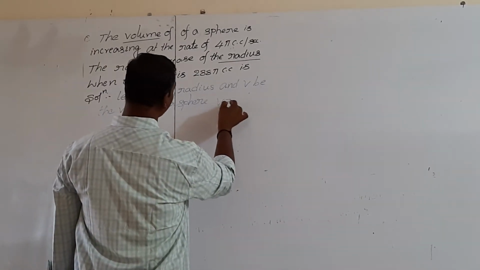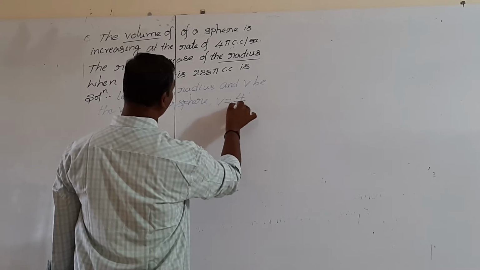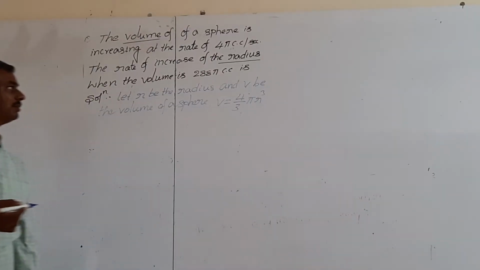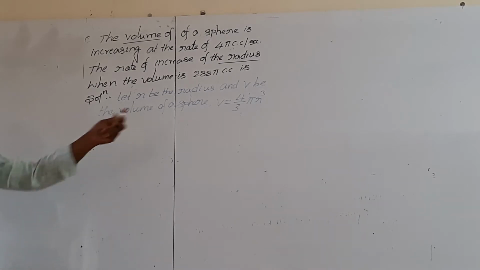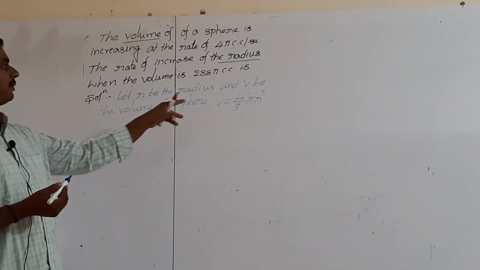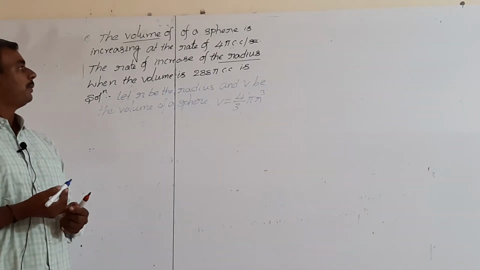From an entrance exam point of view, there is no need to write all things. Then V is equal to the formula 4/3 pi r cube. Do you know this one? Yes, we know the volume of a sphere is 4/3 pi r cube.